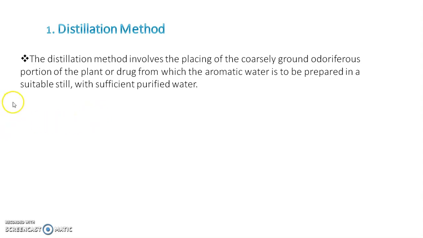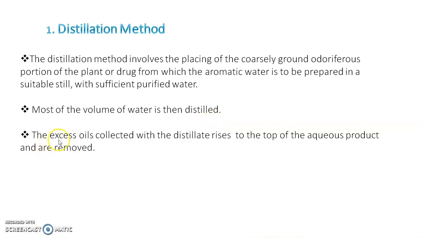In this distillation method, we place the coarsely ground portion of the plant or the drug into the suitable container, and we put a little bit of water. Most of the volume of water is then distilled, and the excess of oil collected with the distillate rises to the top of the aqueous product and is removed.